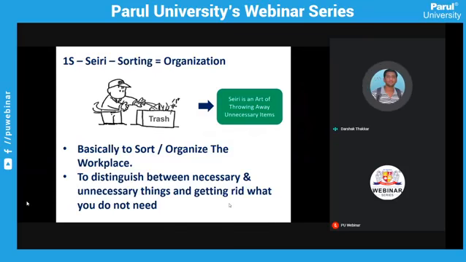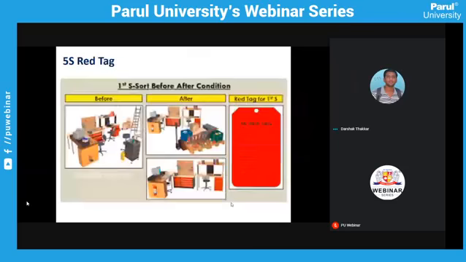But definitely in industry we can't throw away things like in a dustbin, right? For that there is a system like red tagging. We have to red tag whatever unnecessary things are there in this work area, and put this item into the red tag area.